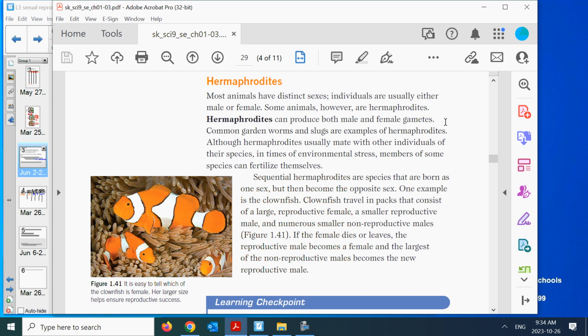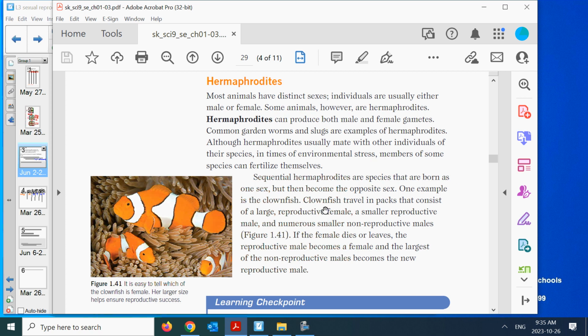Hermaphrodites can produce both male and female gametes. Common garden worms and slugs are examples of hermaphrodites. Although hermaphrodites usually mate with other individuals of their species, in times of environmental stress, members of some species can fertilize themselves because they produce both male and female gametes. However, there'd be no real genetic variation.